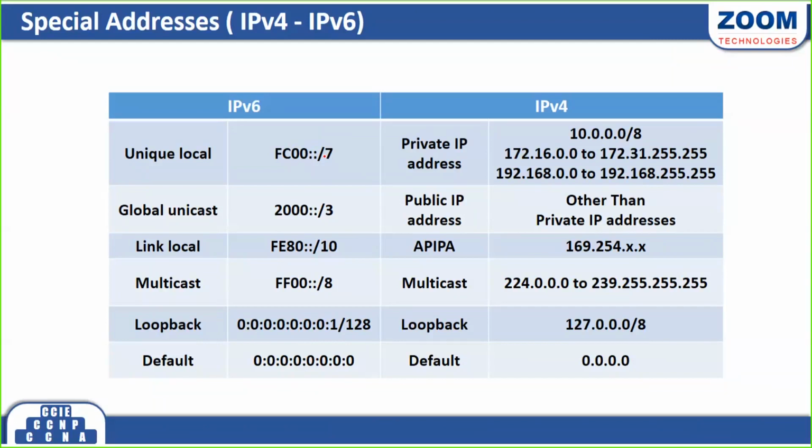In IPv4 we do subnetting, right? In IPv6, how do we still use it? Why subnetting in IPv4? To minimize the wastage of IP addresses, right?